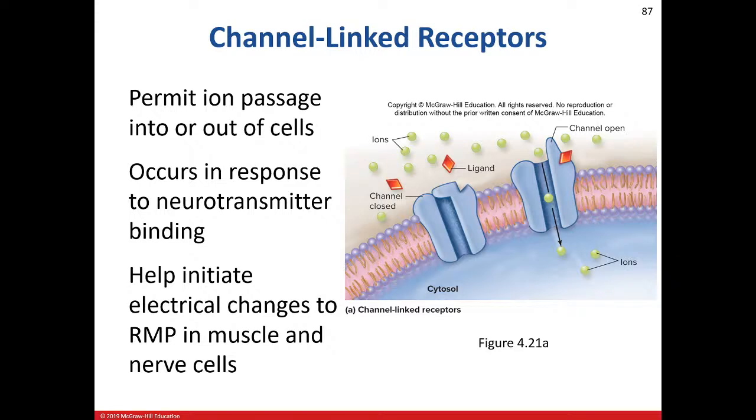Whenever you want to stimulate a skeletal muscle cell to contract, you're going to release acetylcholine. It's a neurotransmitter released by the nervous system, and it binds to acetylcholine receptors. And when they bind, it opens a channel up that lets sodium flood into the cell, which changes the membrane potential, which carries an electrical signal down the length of the membrane. But we'll talk about that in the muscle unit.